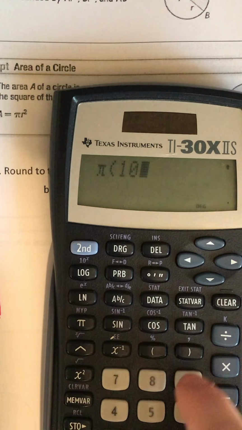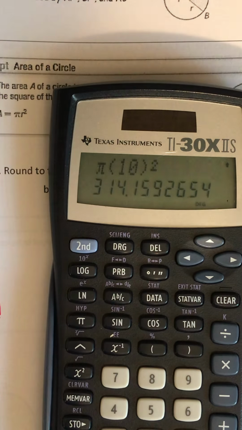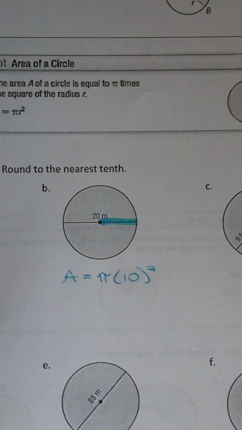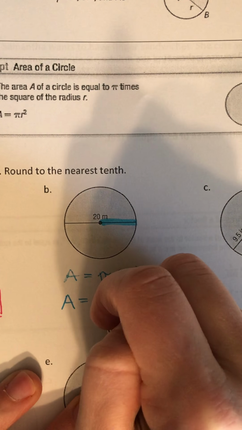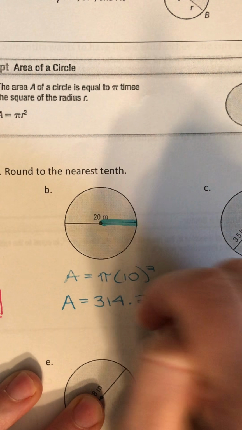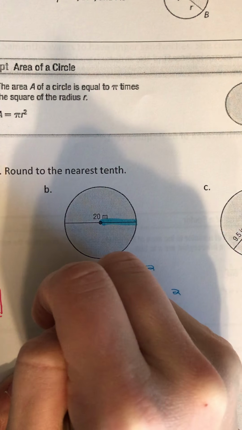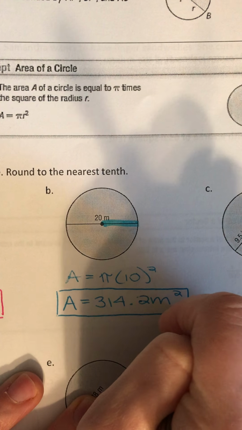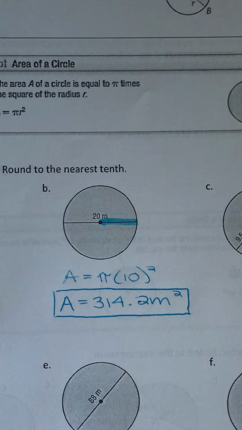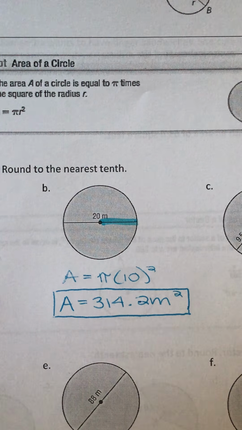Pi 10 squared, and I get 314.2. And my units is meters squared. Easy enough.